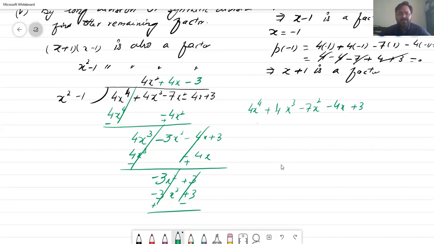So that expression will be equal to these two products: x square minus 1 and 4x square plus 4x minus 3.